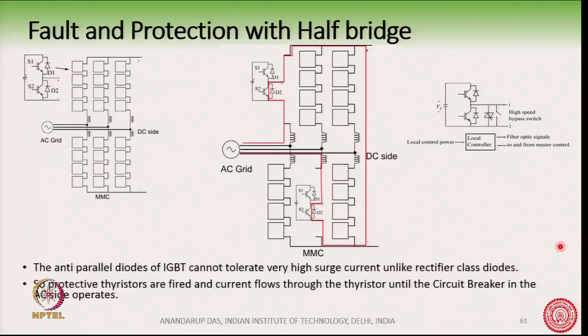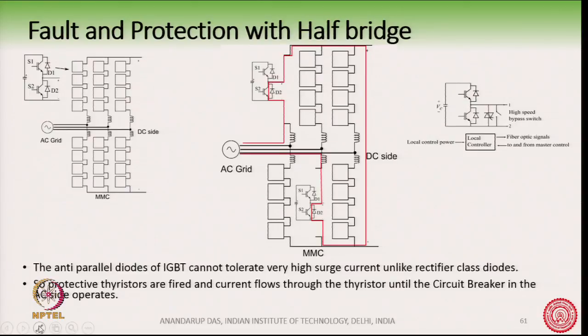Thyristors have enormous I square T rating. Okay. And so the current will now flow through the thyristor until the circuit breaker opens, that is about 60 to 100 milliseconds, the current will flow like this.